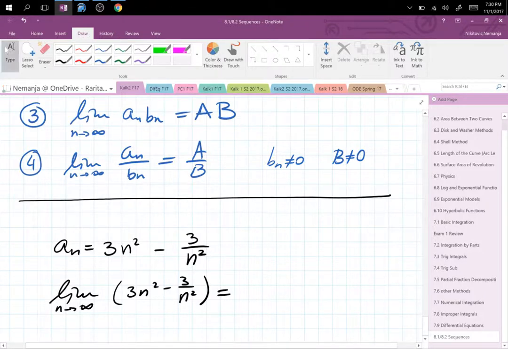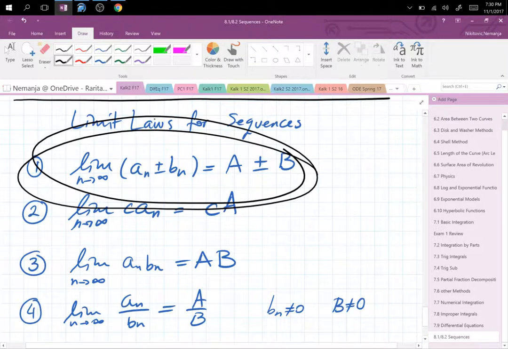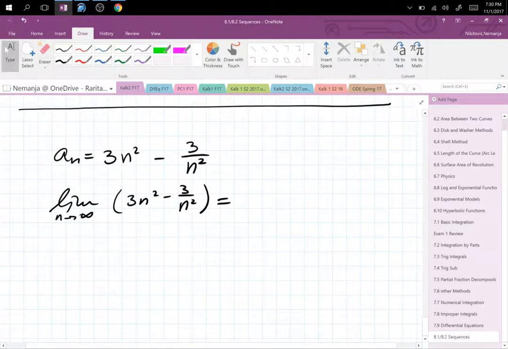And you know by rule number 1 for addition and subtraction that you can deal with the two functions separately. So the limit of 3n squared as n goes to infinity is infinity. And then 3 over n squared, as n goes to infinity, is 0. So infinity minus 0 is infinity, and this one diverges.